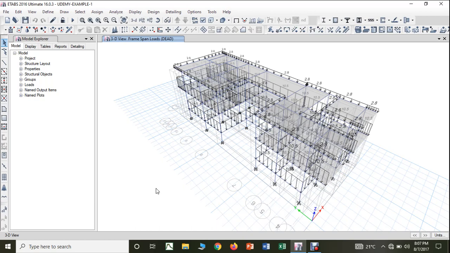It is a floor load, not a uniformly distributed load. It is an area load that we have to apply on the slab.